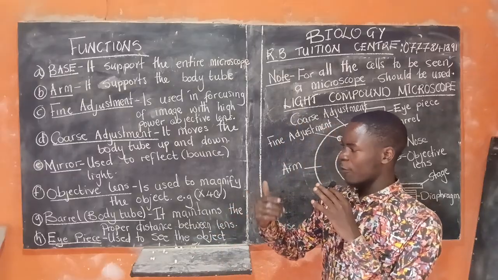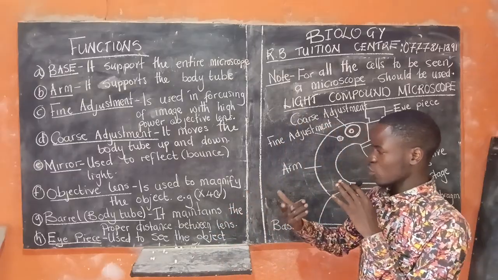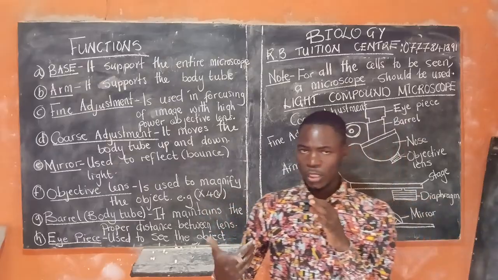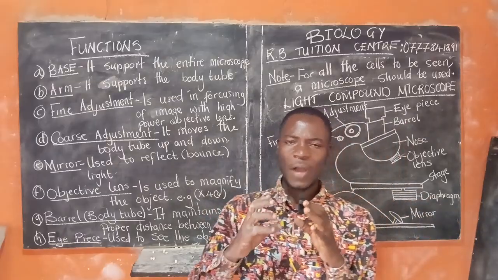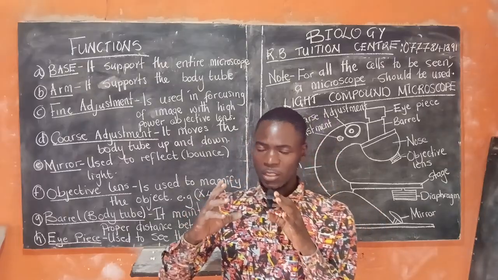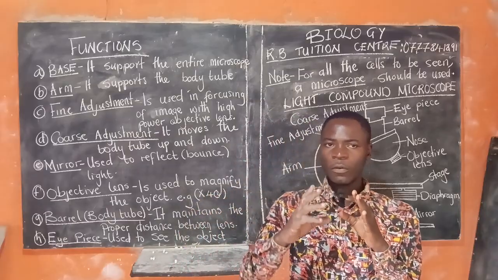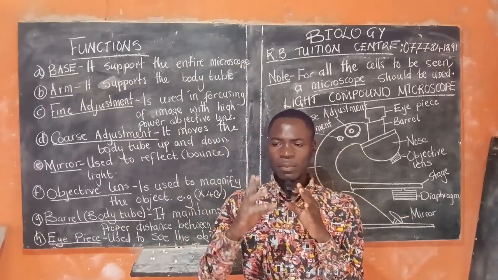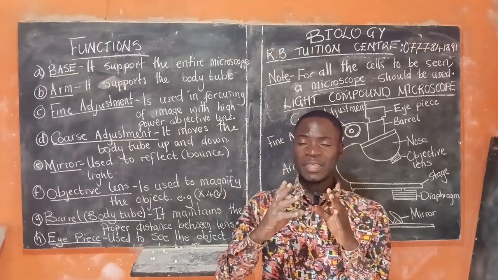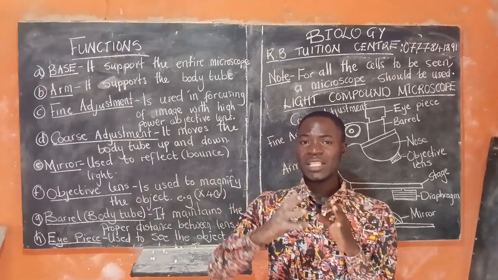Then we also have the objective lens. The objective lens is used to magnify the object. That is the function of the objective lens. Sometimes in an exam, you might be required to calculate the magnification.